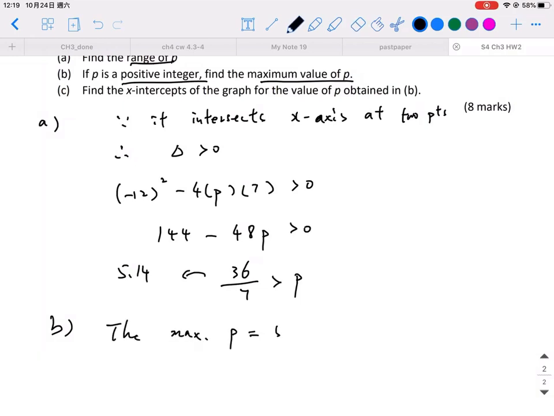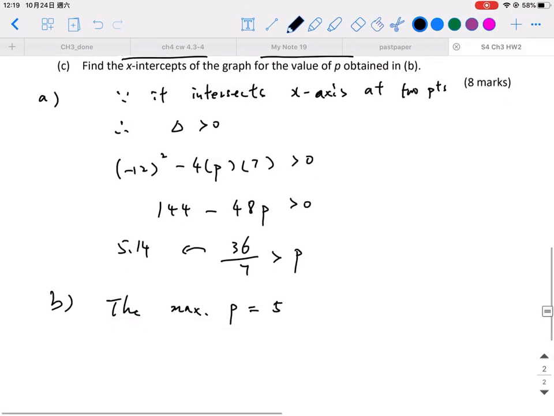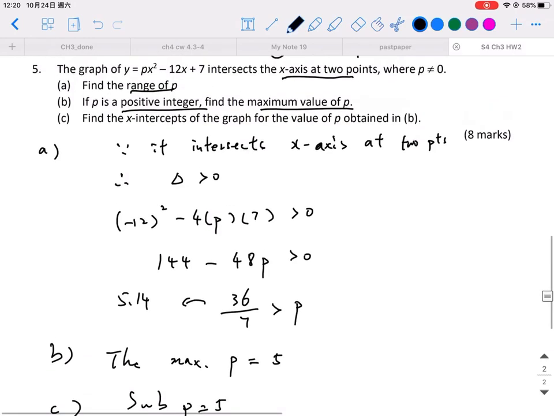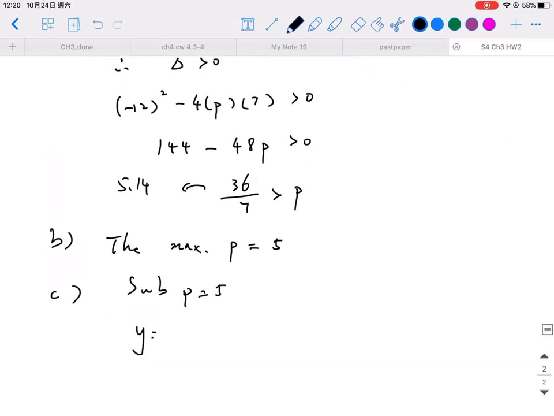equal to 5. Okay, and for part C, find the x-intercept of the value obtained in B. So I just substitute p is equal to 5 into the quadratic equation. So it will become y equal to 5x squared minus 12x plus 7.